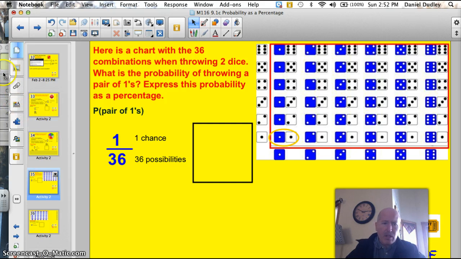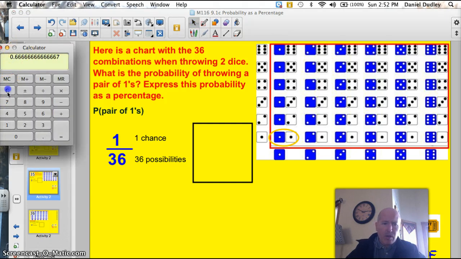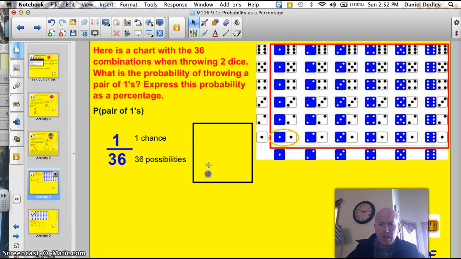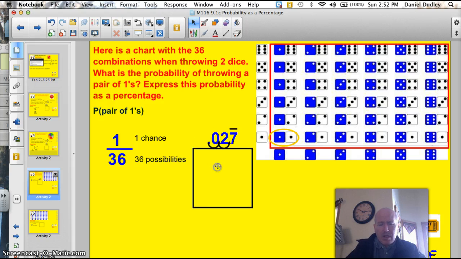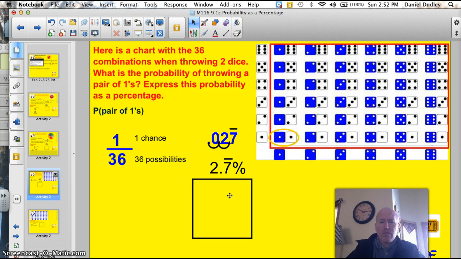So if you pop that into the calculator, you're going to get a very small number. 1 divided by 36, not that small. 1 divided by 36 equals 0.0277, or 0.027 repeating would be our decimal. Multiply that by 100, move that decimal 2 spots to the right, we get 2.7%.